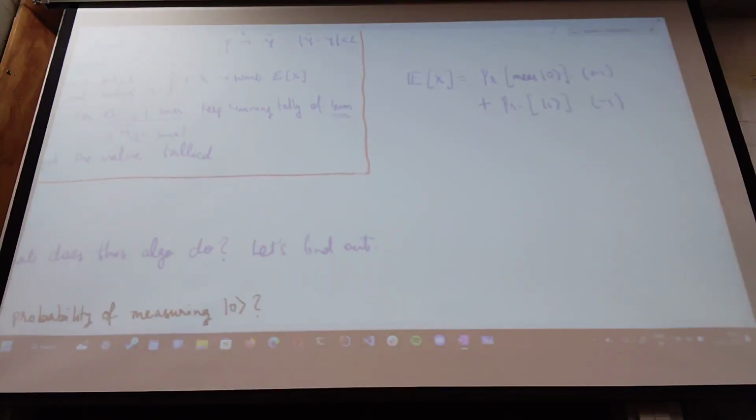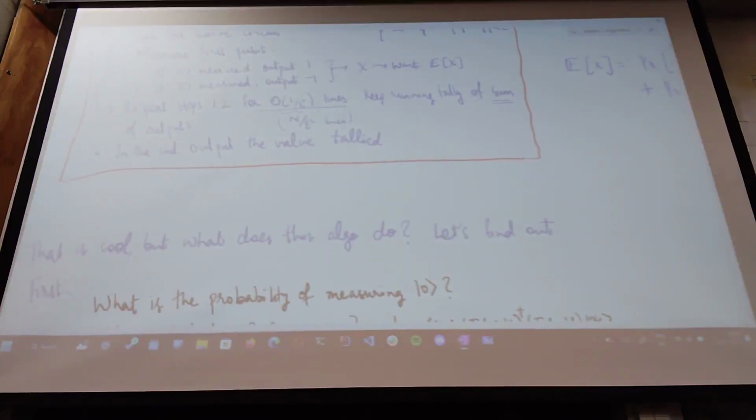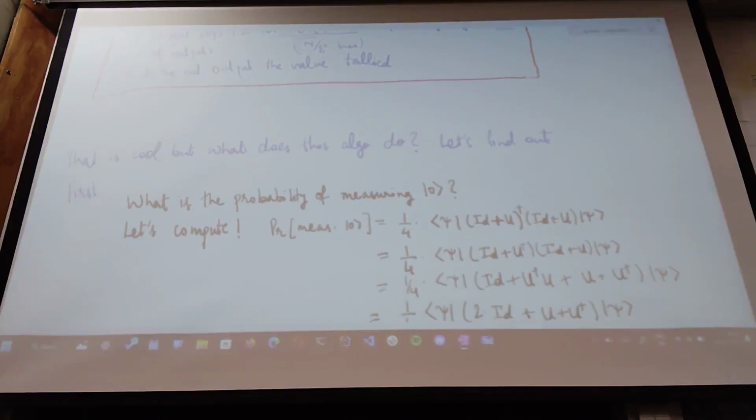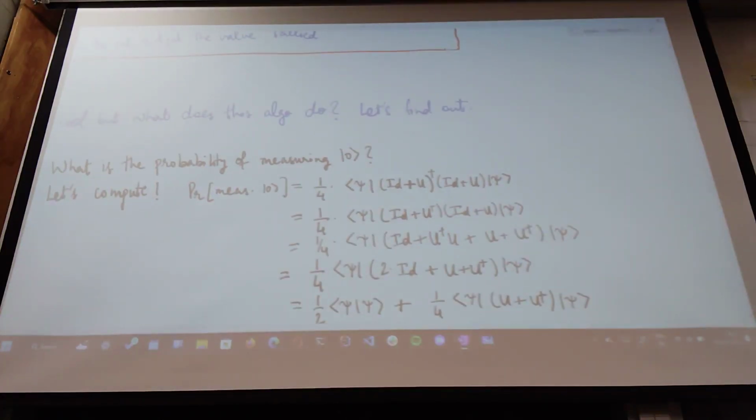Now, what is the probability of measuring 0 here? Well, you just run through the circuit again. Hopefully, if you had it copied down, that's okay. If not, here's the circuit.